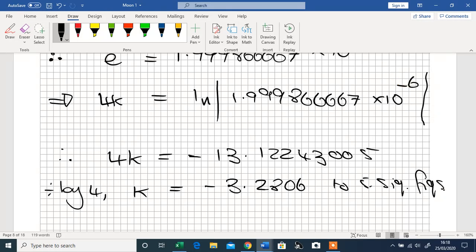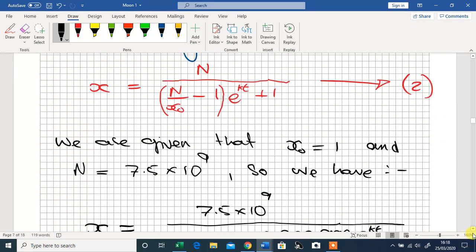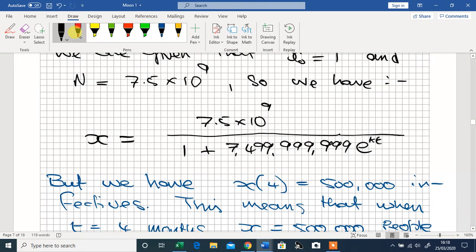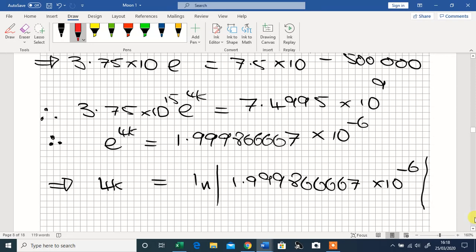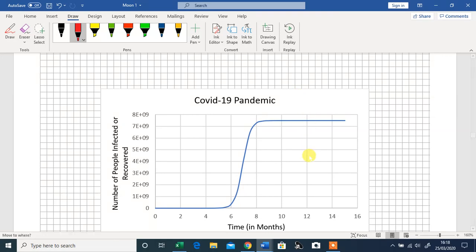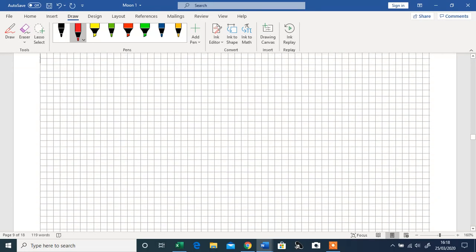Right? So if we go back to equation, and I'll actually call this equation 3, if we substitute our value for k back into equation 3, just a moment, I want to show you that in a few minutes. Let's just scroll up.